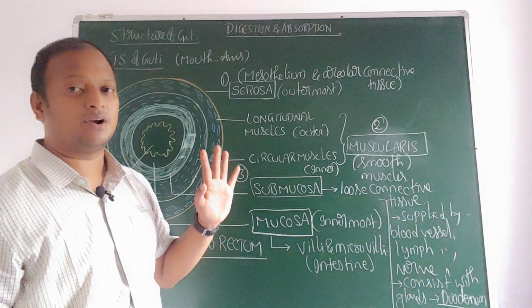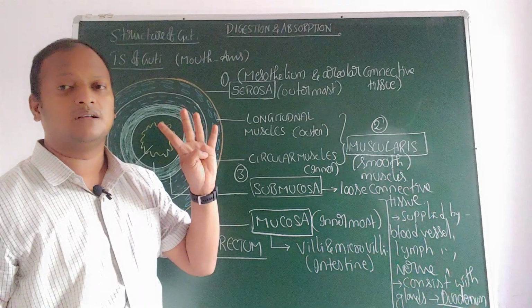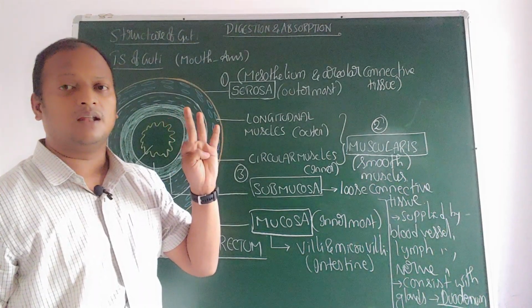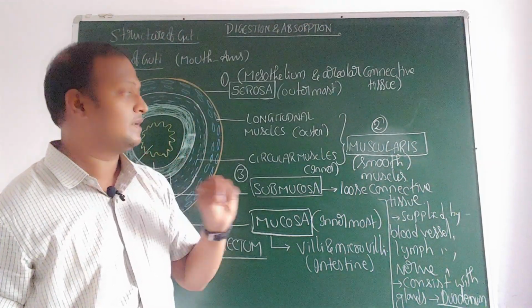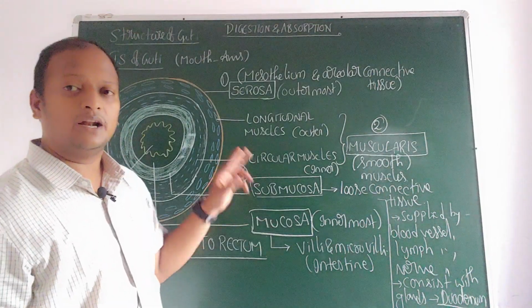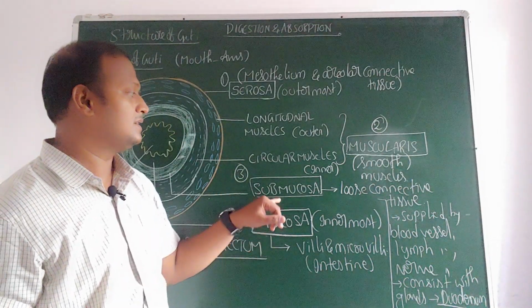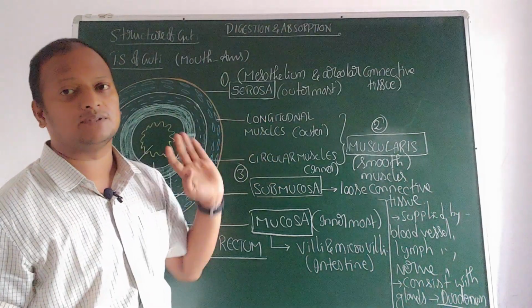The order is most important. Both muscles are also called muscularis. And inner to outer means mucosa, submucosa, circular muscles, longitudinal muscles, serosa.